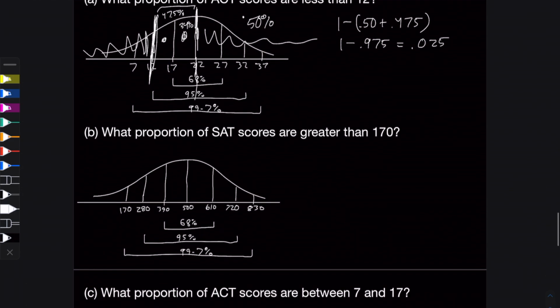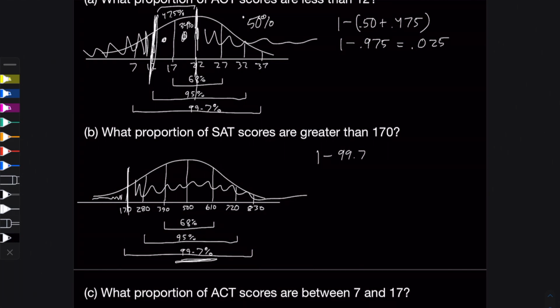And then the second one, we would say, what proportion of SAT scores are greater than 170? So 170 is down here at 3 standard deviations to the left, and we want proportion all the way to the right of 170. So let's find this tail right here, and then let's use the complement. So if we need to find one tail, we would take this 99.7 here, and then we would say 1 minus 0.997, and this is going to be 0.003.